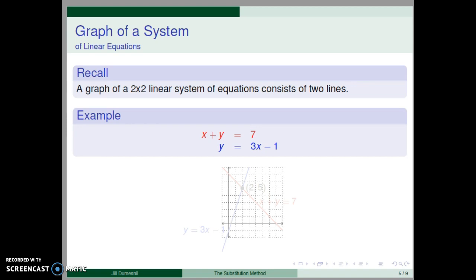The graph of the system consists of the graphs of the line x + y = 7 and the line y = 3x - 1. The point of intersection, (2, 5), is the solution to the system.